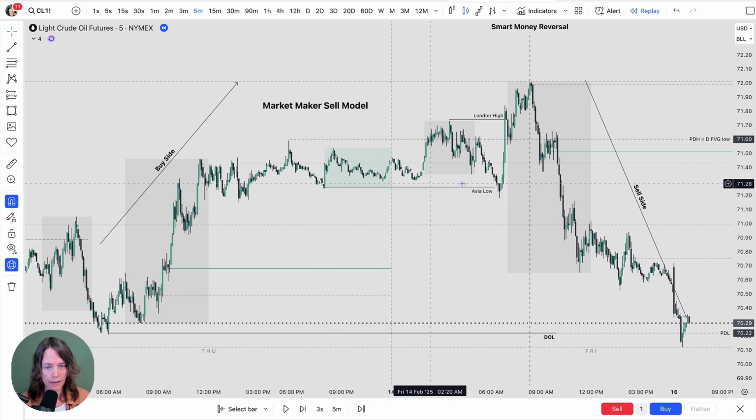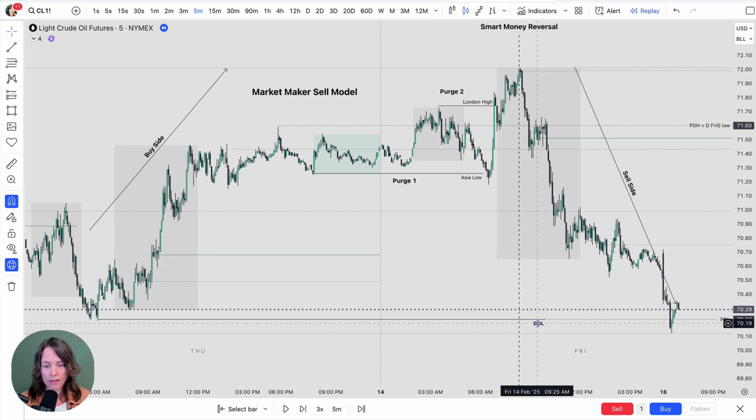We purged the Asia low to then come all the way up here for the London high and then start displacing to the downside again. So that means we have purge 1, purge 2. It's a double purge. This is the drawn liquidity, the initial consolidation level, which also aligned with the previous day low. So this was the Thursday low.